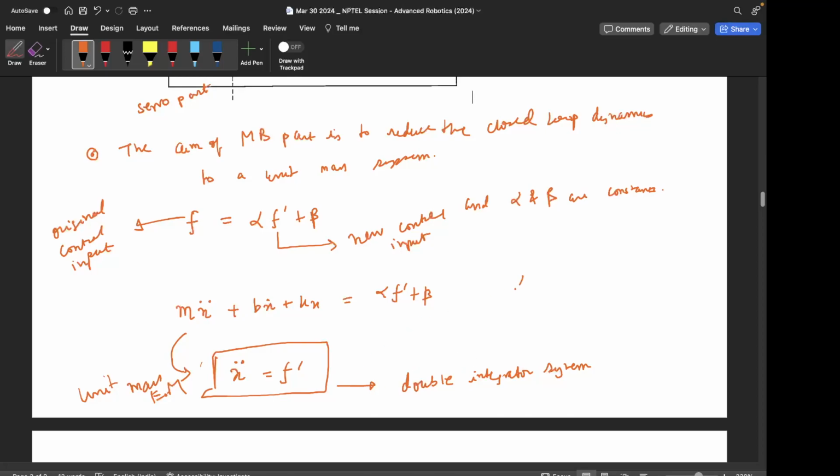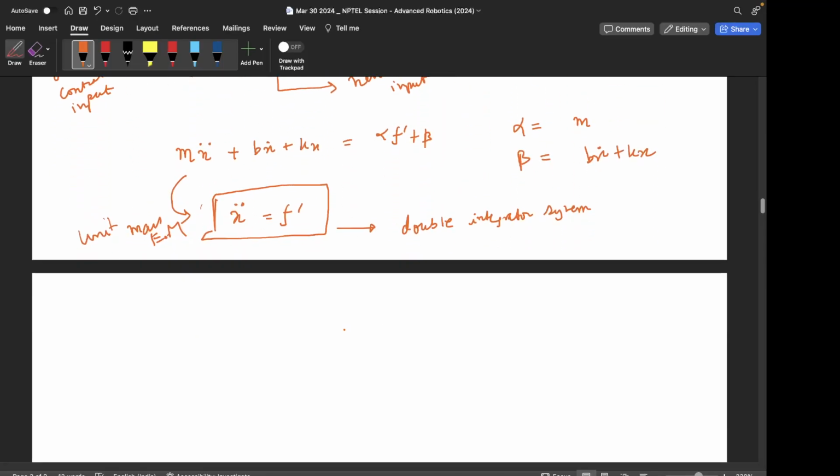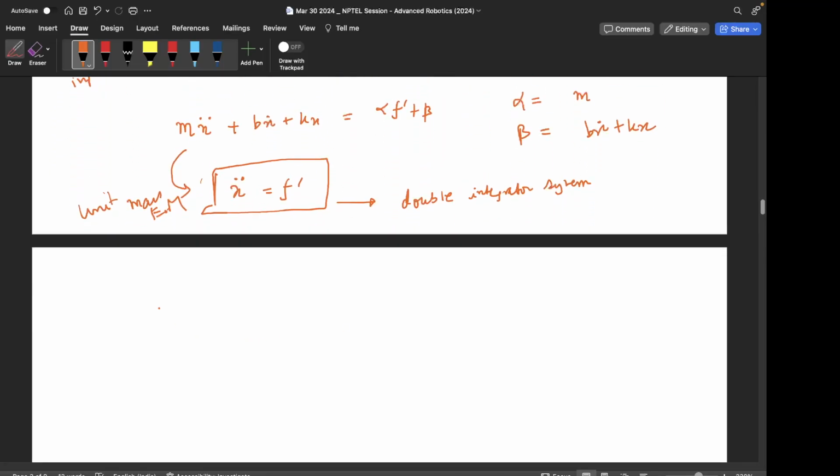So if we choose alpha is equal to m and beta is equal to bx dot plus kx, then you will see that we get this simplification. So with those choices of alpha and beta, you can rewrite the right hand side as mf dash plus bx dot plus kx.